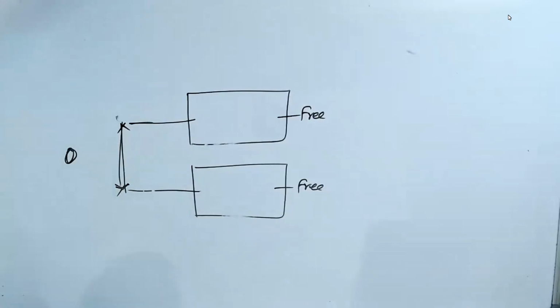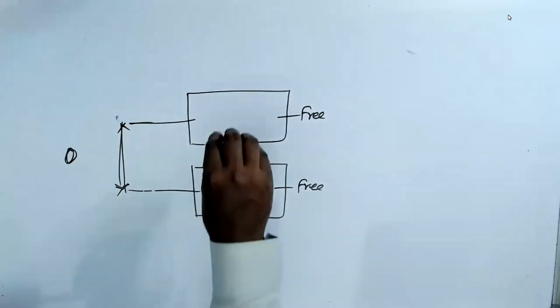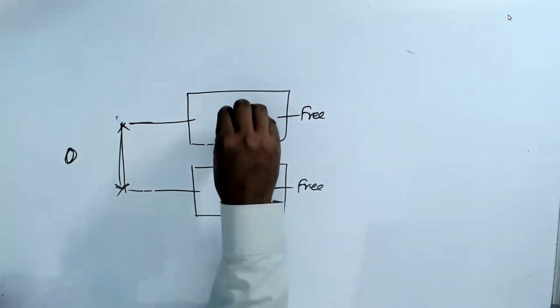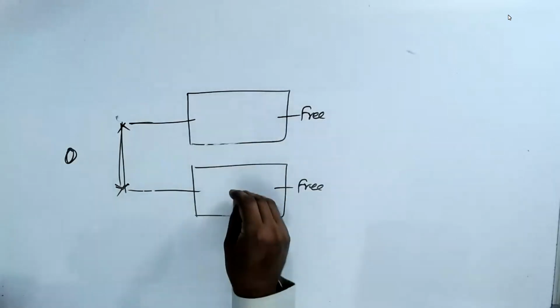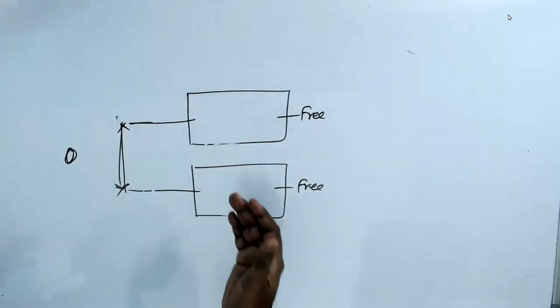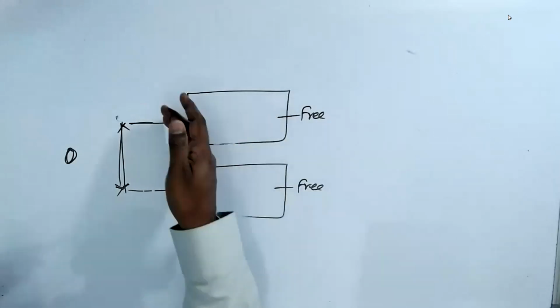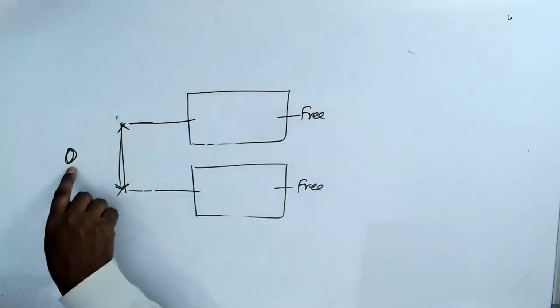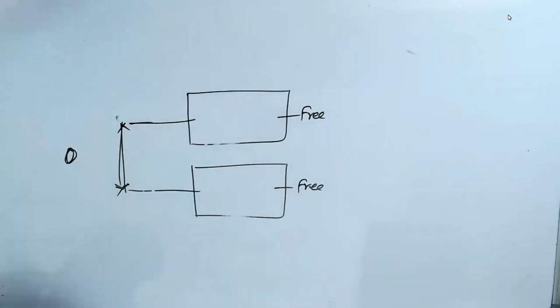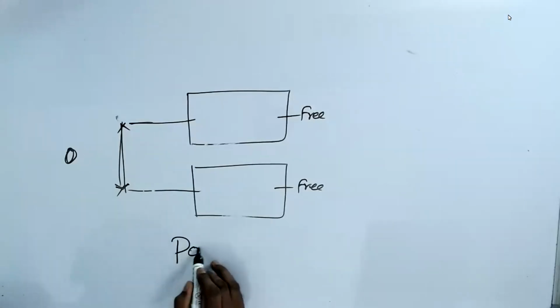Okay. You understand that? I have 2 materials. If one is having so much of free electrons and the other is having so much of free electrons, both are the same, then we call that potential difference a 0. Here, you have to understand the word potential.